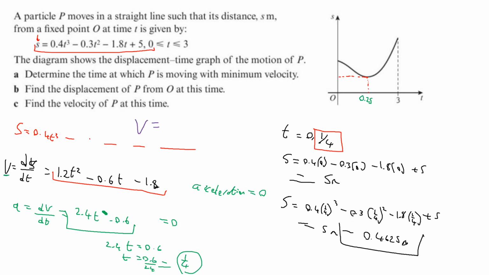V is going to be 1.2 times a quarter squared minus 0.6 times a quarter minus 1.8, and if you plug that into your calculators, you will get the correct answer of minus 1.875. And that is your minimum velocity.